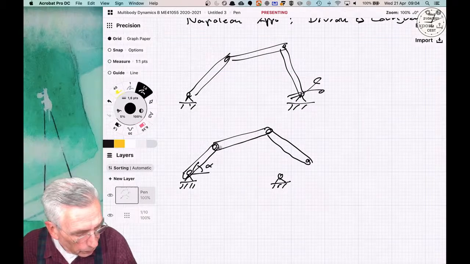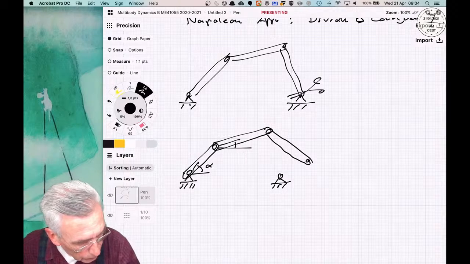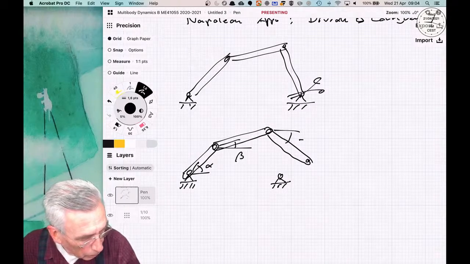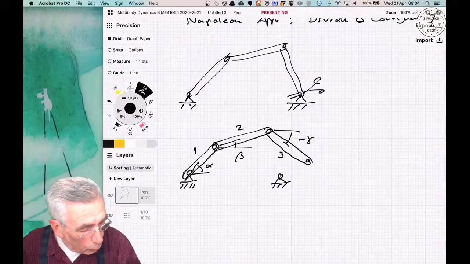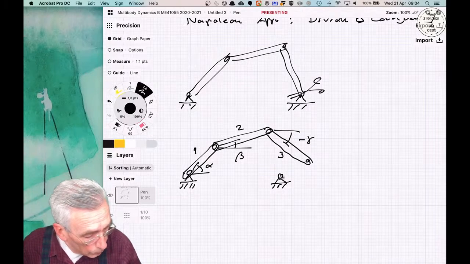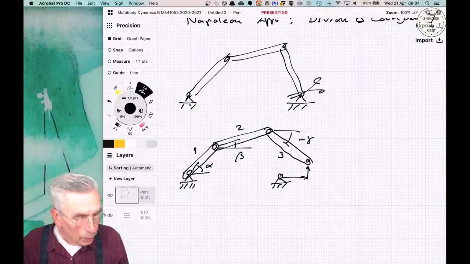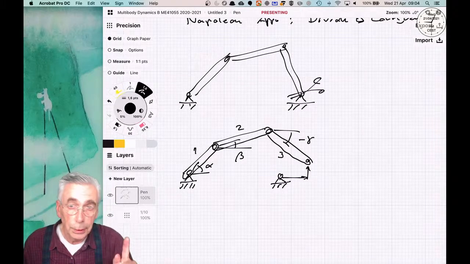We have alpha here, and beta here, and then here we have gamma as an angle. Body 1, body 2, body 3. Of course, we have an opening here. We have two things which we cut, which we have to fix later, but we can do that.